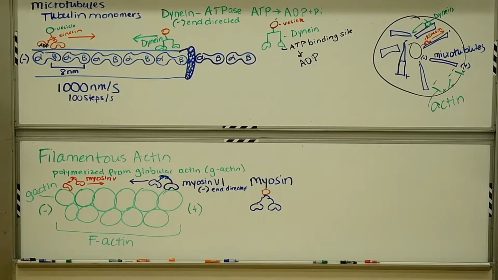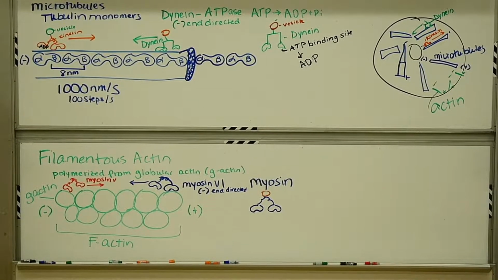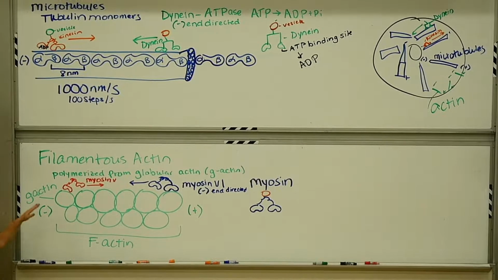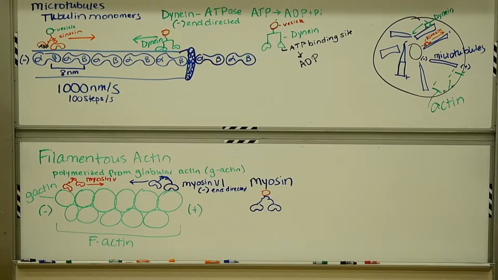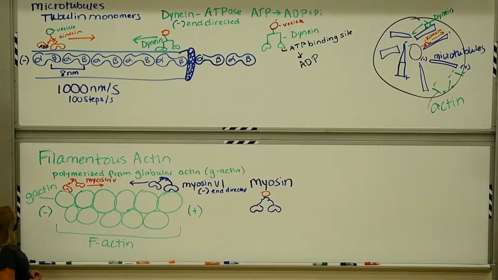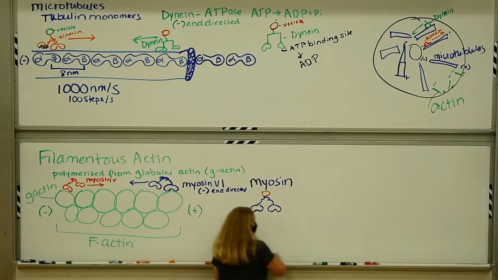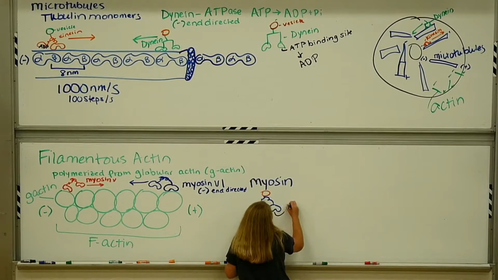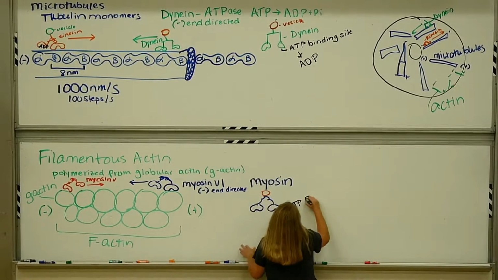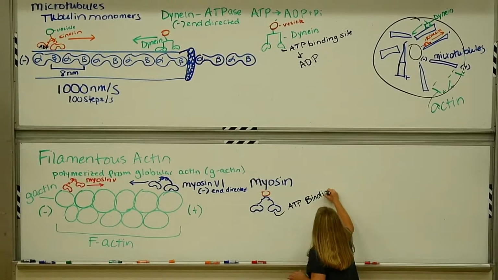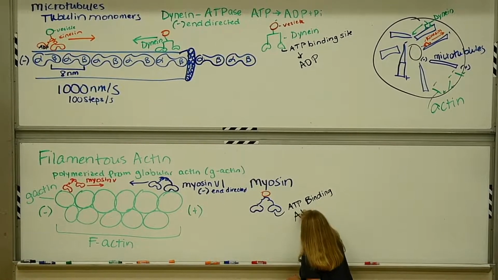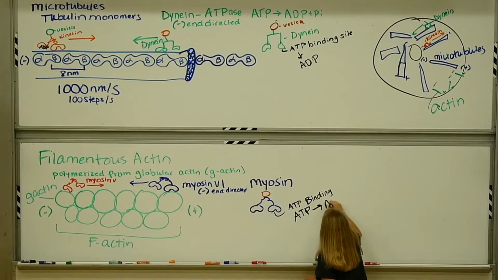But as far as we're talking about in this class, they will always be one direction only. Okay, so this again is your ATP binding site. This is where you can cleave your ATP to ADP and Pi.